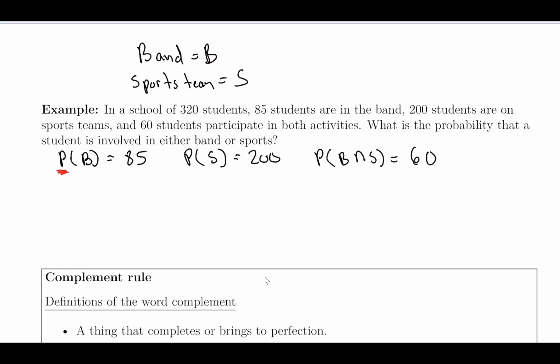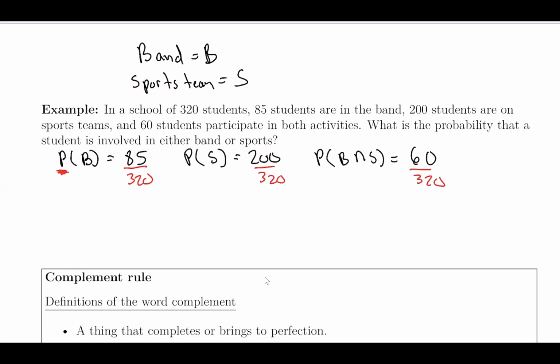So if you look at 85, 85 is not the probability. So what we have to do is find the probability we pick somebody in band in this school. So for this one, how many people do we have in this school? So we have 320. So you divide all of this by 320. Any questions so far while we're dividing by 320?